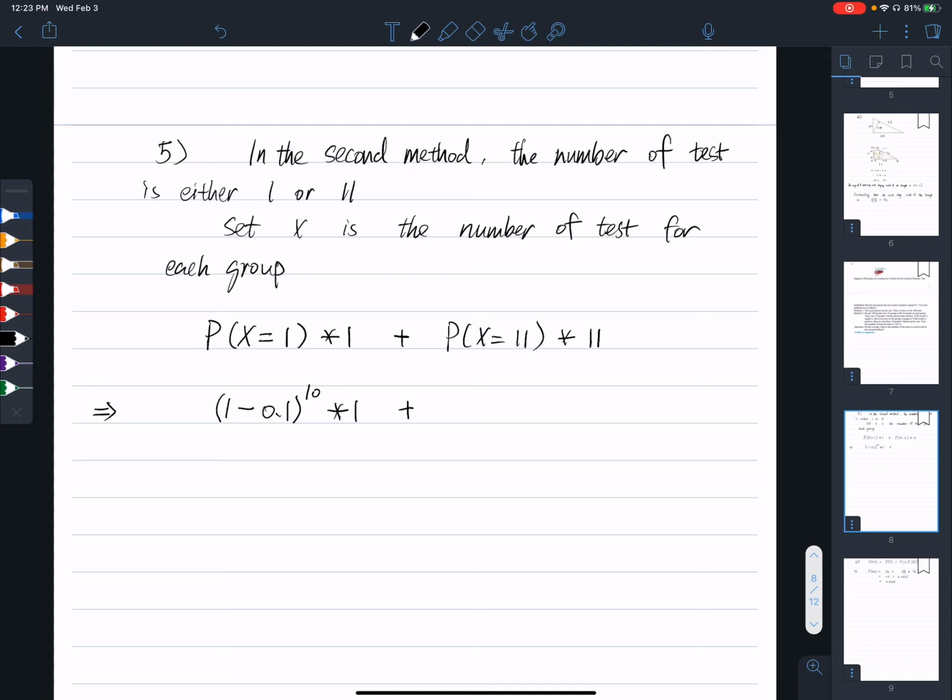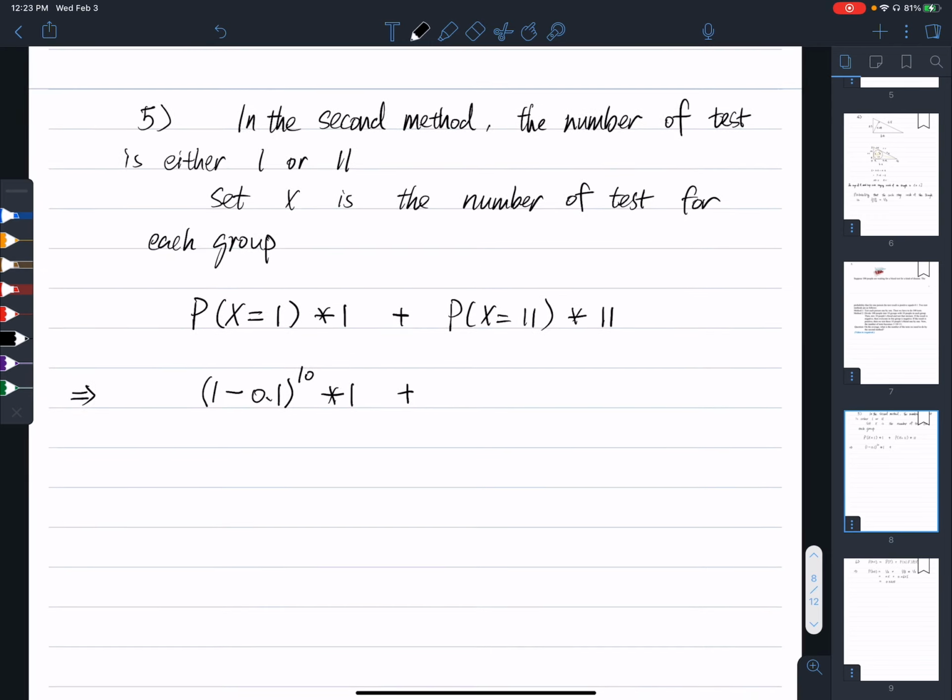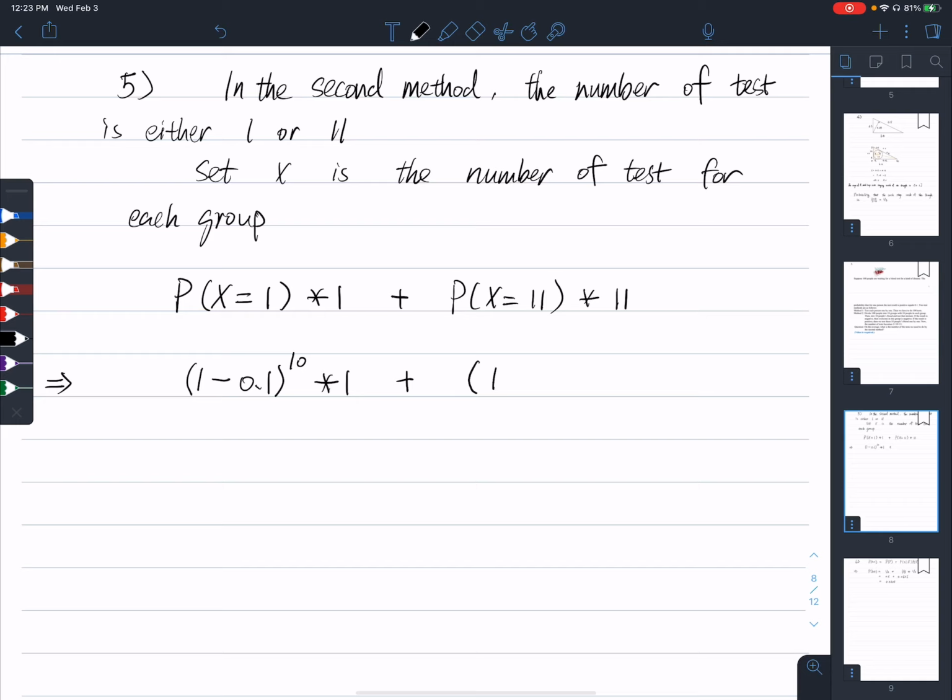So the probability we need to do 11 tests is 1 minus the probability we need to do one test.